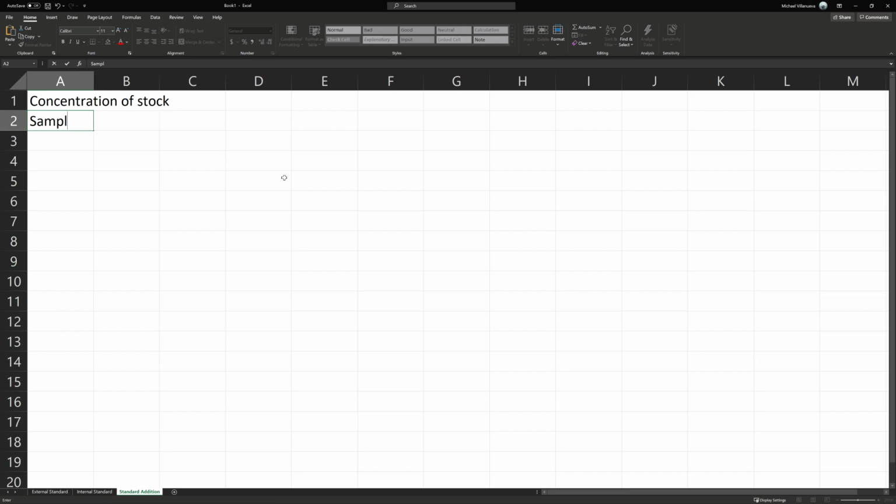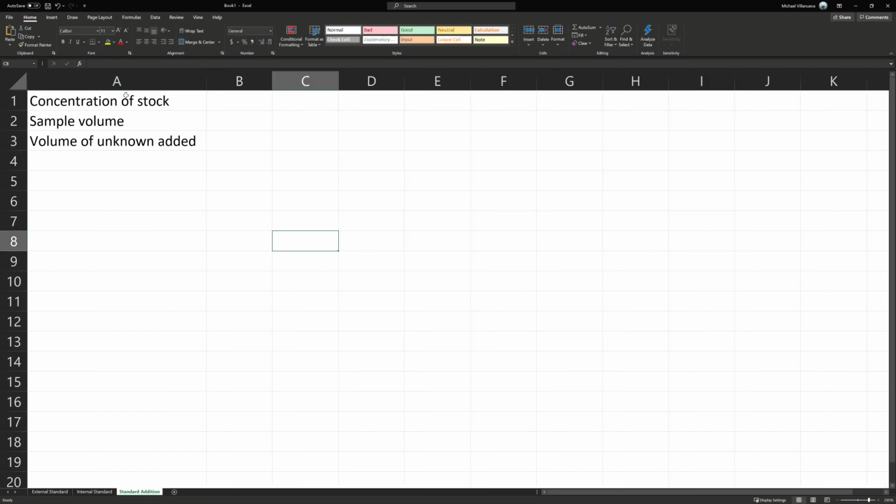Sample volume. And what we are going to need here is volume of unknown added. So let's say the concentration of our stock this time is going to be 20.